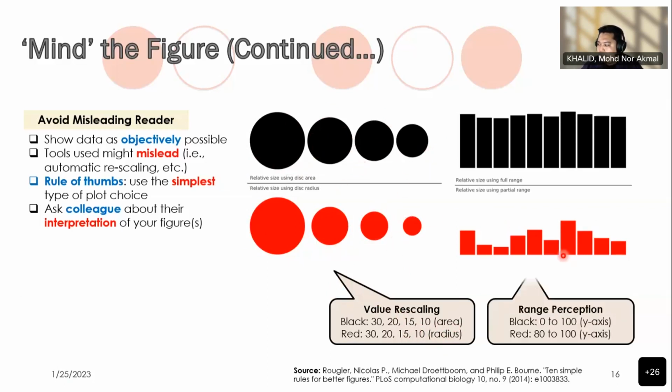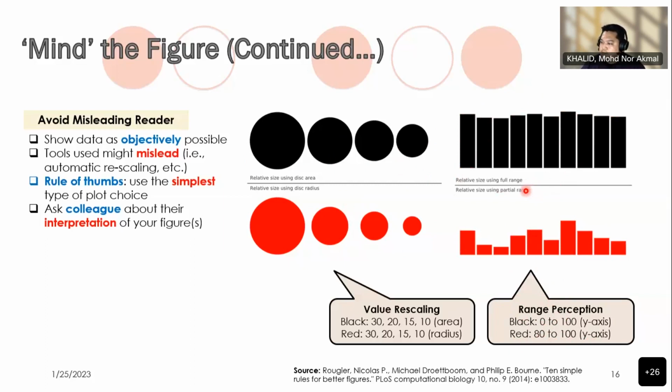Again, it's the same for this case. You can see that if you consider the range 0 to 100, the difference is very small. But if you consider the range from 80 to 100, then the difference becomes very big. But both of them are actually representing the same data.